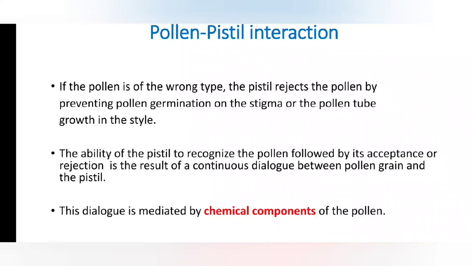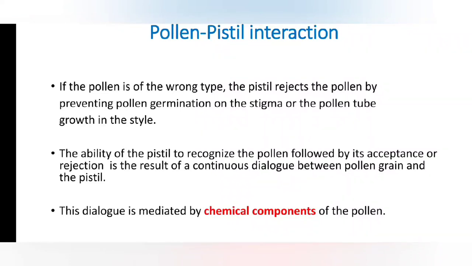In the style, it prevents pollen tube growth. Thus, it stops self-pollination. The ability of the pistil to recognize the pollen is followed by its acceptance or rejection. First, the pistil recognizes the pollen and then it decides whether to accept or reject.